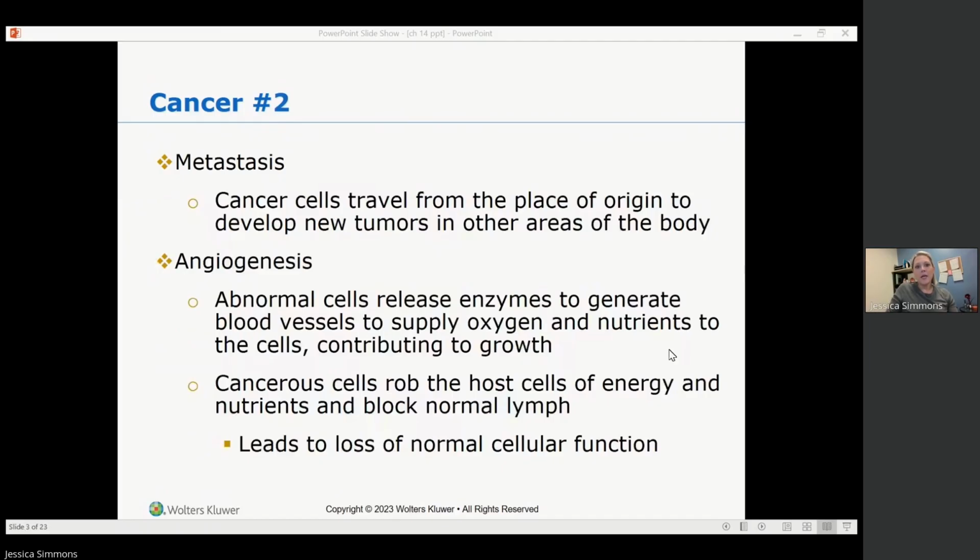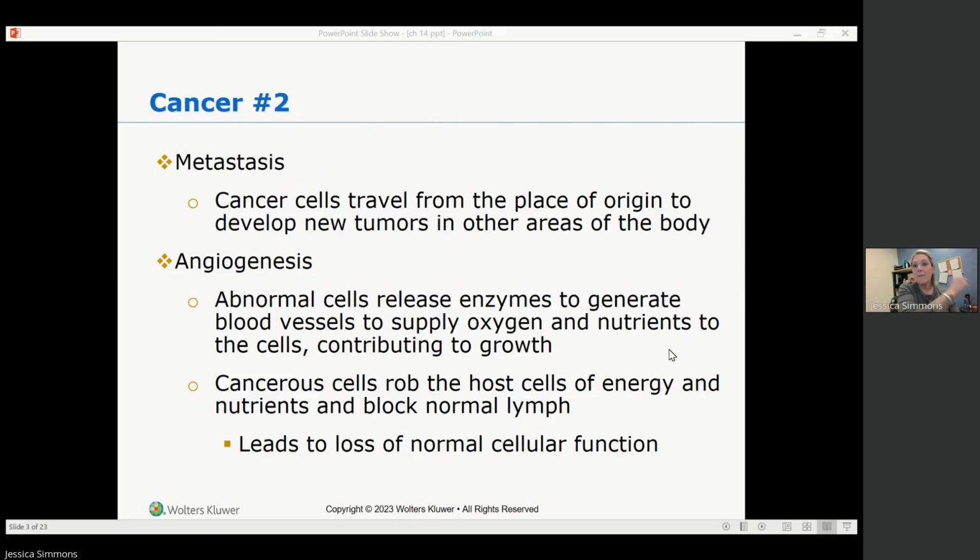Metastasis: this is when cancer cells travel from the place of origin to develop new tumors in other areas of the body. So if you know someone that was diagnosed with breast cancer, and then they tell you that they now have metastatic breast cancer, that means that one of those breast cancer cells has migrated to a different part of the body.